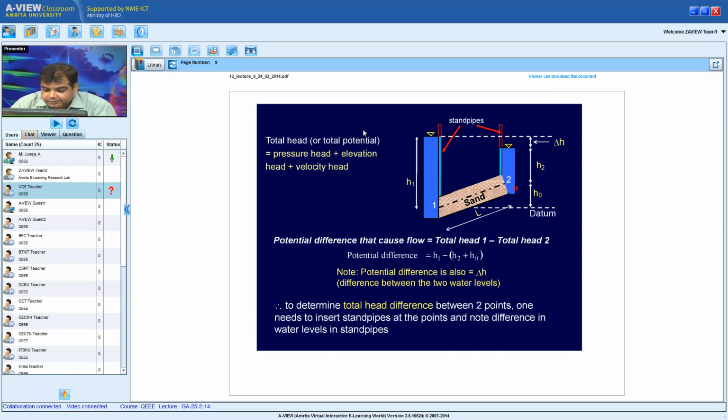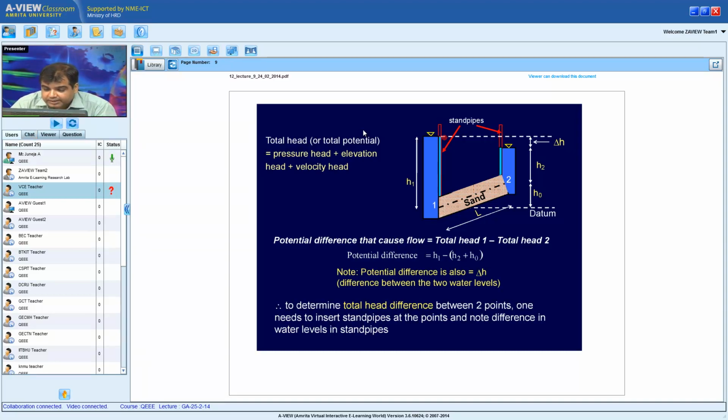If you look at the screen carefully, this length minus this length should be this difference, which is shown by delta H over there. In fact, H1 minus this whole thing is delta H. If you look at this figure carefully, delta H is the difference between the two water levels in the two reservoirs or the standpipes.